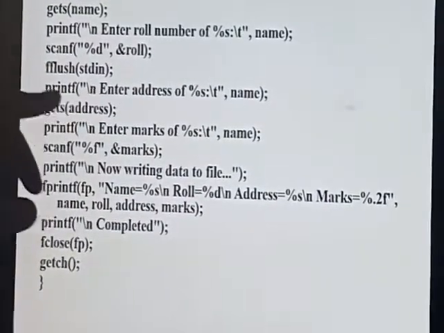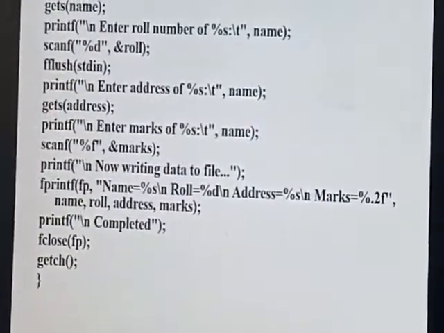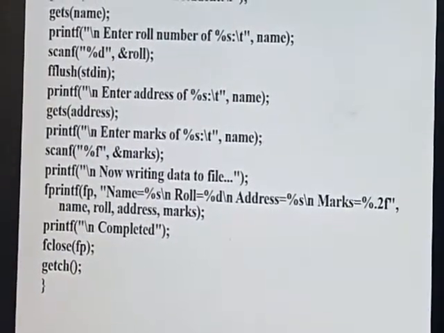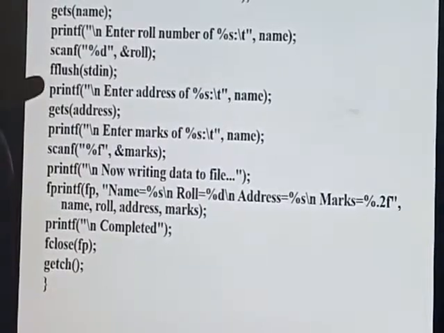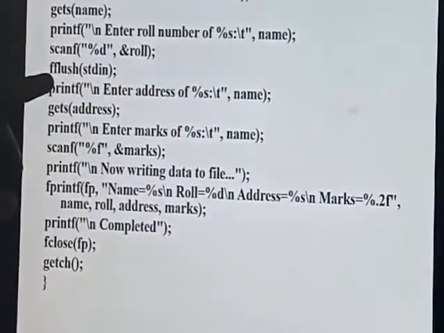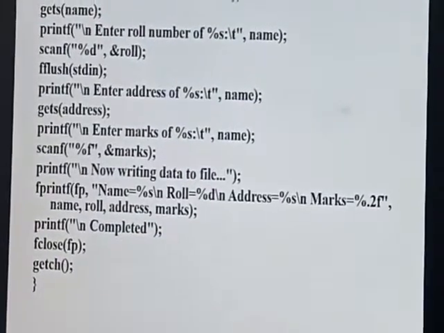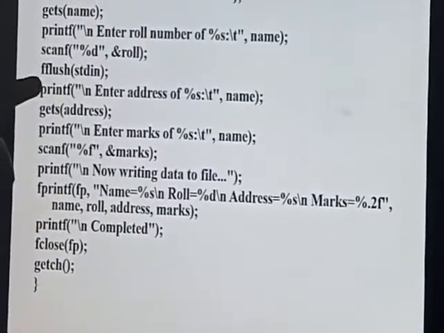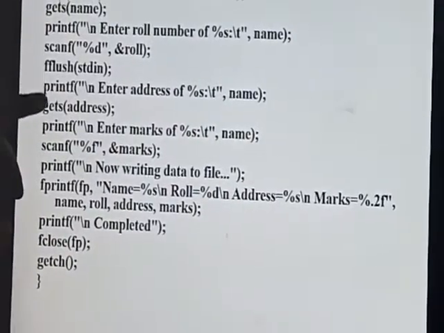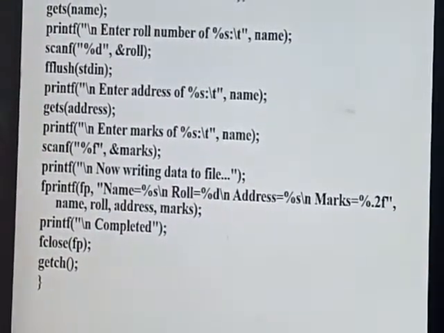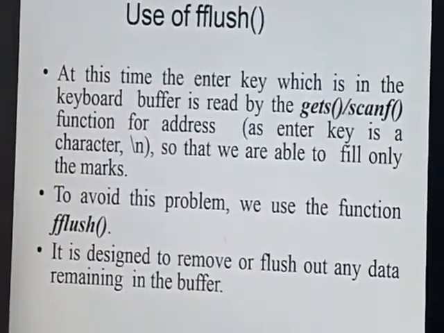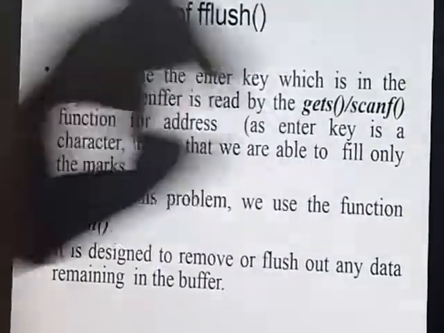So to refresh the buffer, this fflush is used. fflush is defined in stdio.h, and for every string entry, fflush is required before it. It will clear your buffer and lets you get the string data clearly. So that's defined here. It can be used before gets or fscanf.